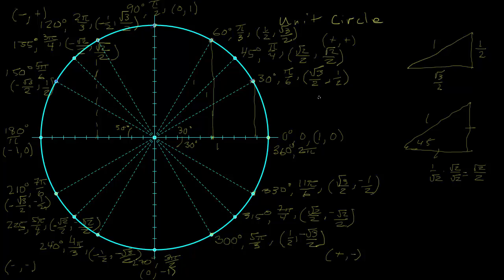The unit circle is something you want to be able to fill in that information fairly efficiently. Look for patterns. Notice the pi over 6s are all at the 30-degree marks, 30 degrees off of the horizontal axis.